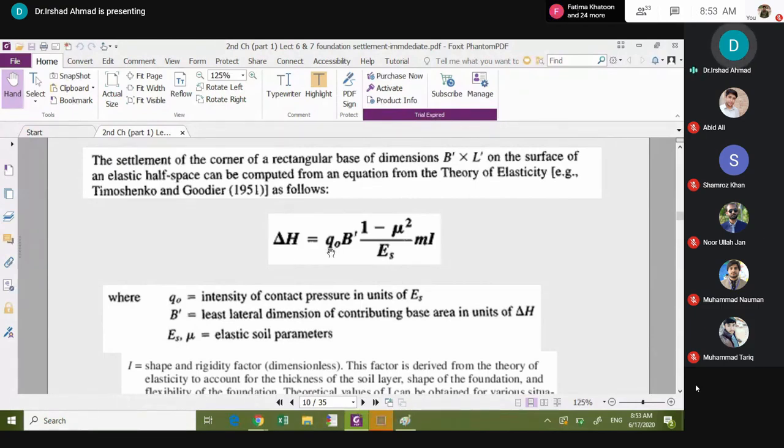Q naught is the applied pressure on the foundation. B prime is the effective width of the foundation, not the width, rather effective width. Mu is Poisson ratio. E is the modulus of elasticity. I is a factor that you would read from the table. I will tell you how. M is actually the number of rectangles or number of corners that contribute to the settlement. Okay. Now I explain every part of this to you in more detail.